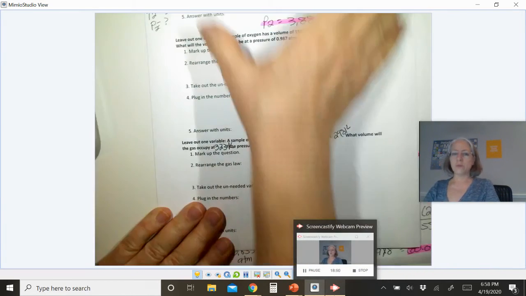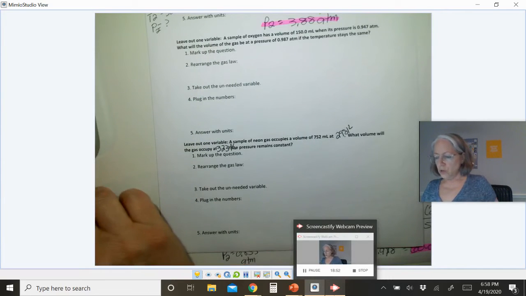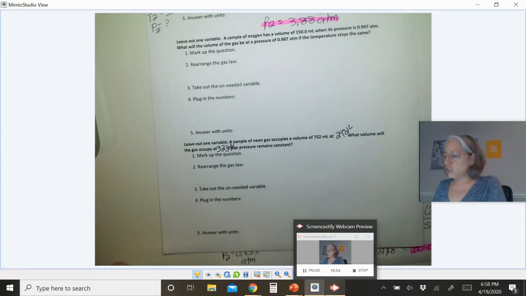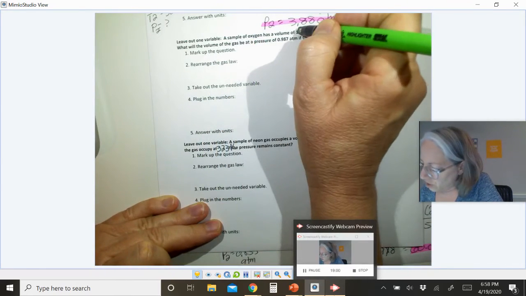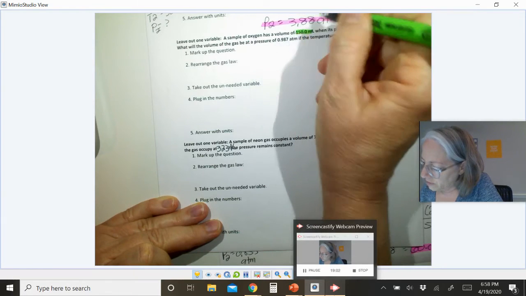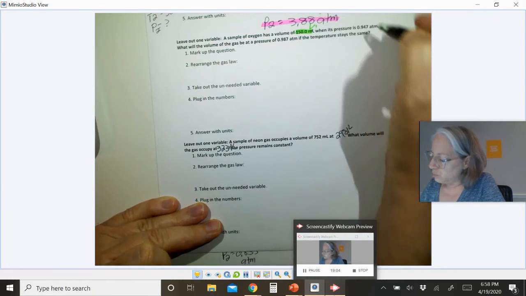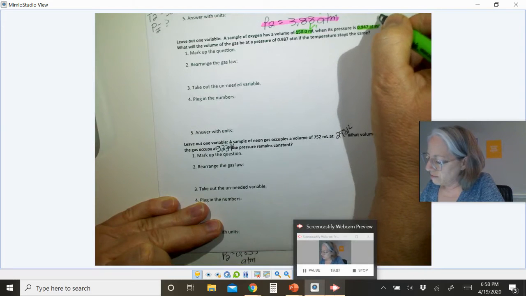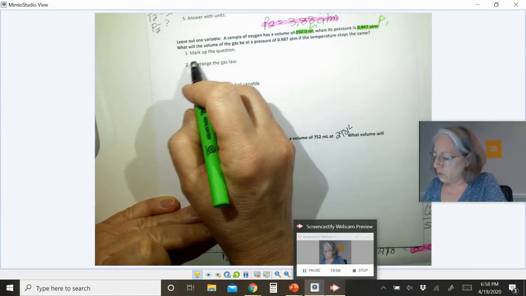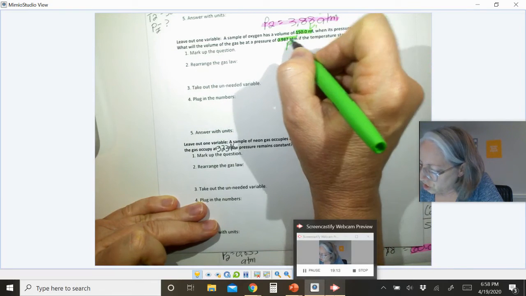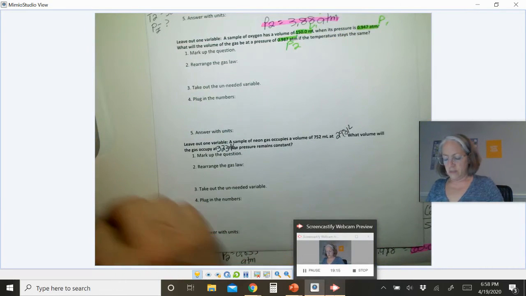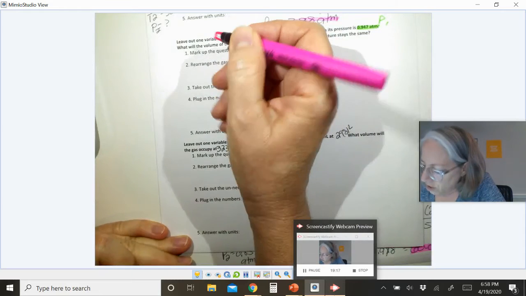So now we're going to do this one where we don't use temperature in the question. So we have a sample of oxygen. It has a volume of 150, V1. Its pressure, 0.947. What will the volume of the gas be when the pressure is changed to 0.987? So we are looking for our volume.